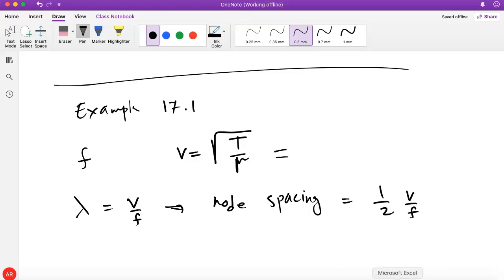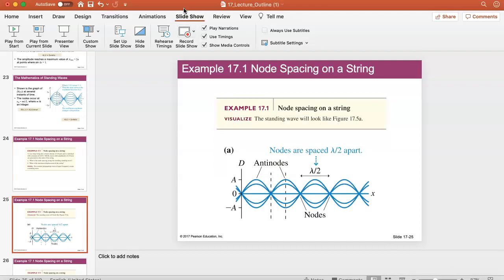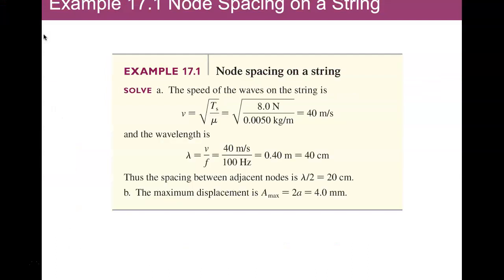All right, so what is v? Eight over 5 grams per meter. So that's going to be, let's just look at the numbers here. 8 over 0.005, so that becomes 40 meters per second.